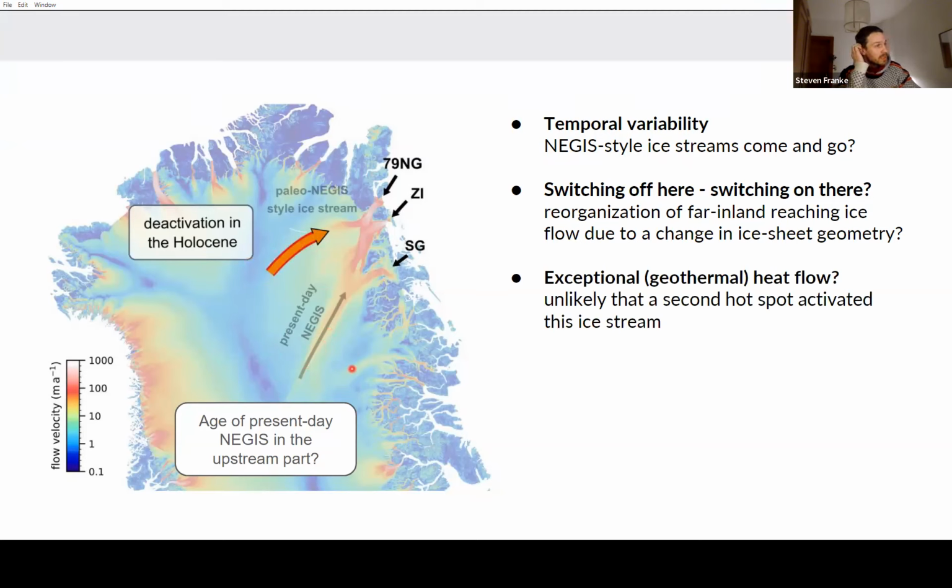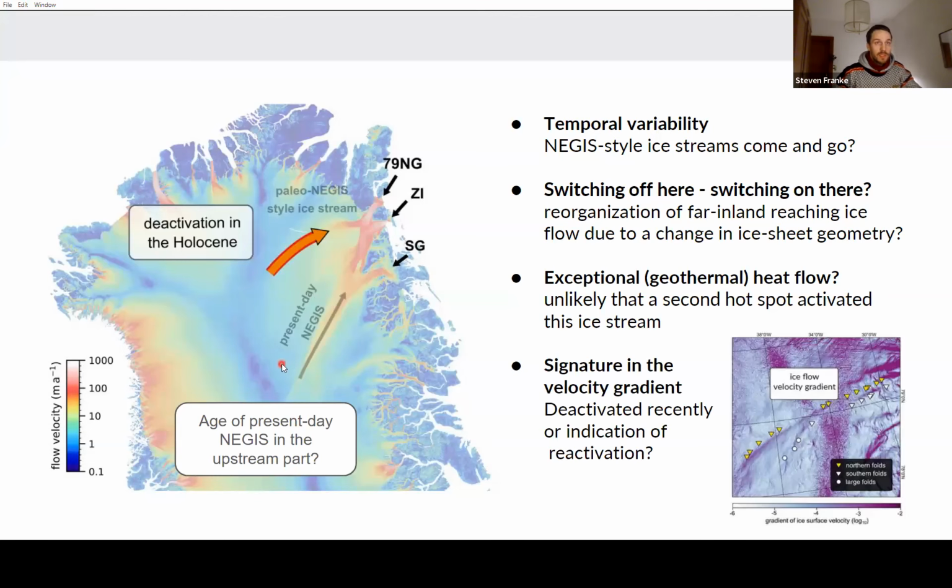But this second appearance of this style of ice streams also enables us to rethink all of the theories that are out there that try to explain the existence of Negus, for example, like the theory of extremely high heat flux at the base, which is possibly explained by a geothermal hotspot, and things like this.